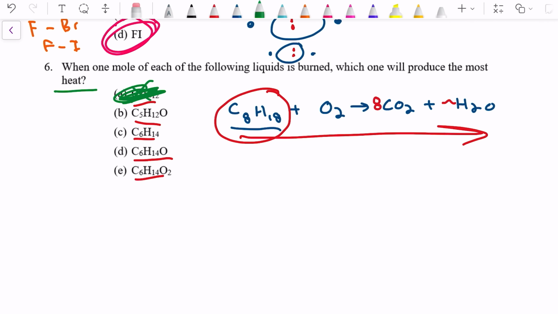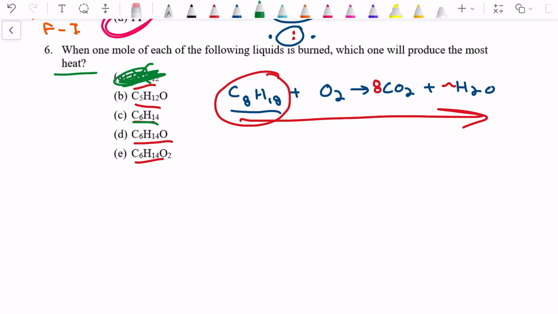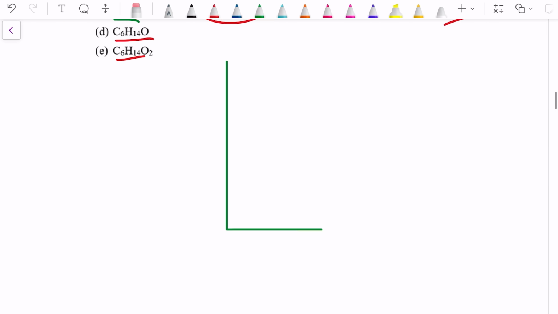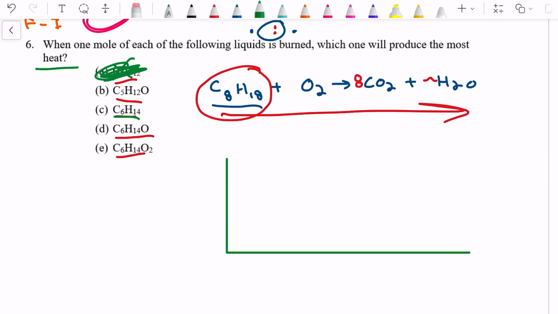So now we're looking at hexane or one of these alcohol molecules. The alcohols already have an oxygen bonded in them, so they're already partially oxidized, so they're going to release less heat. If we plot the energy of a reaction against time, an exothermic reaction looks something like this.